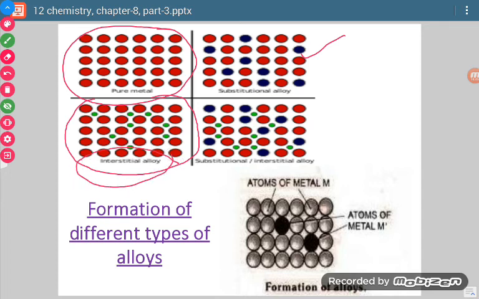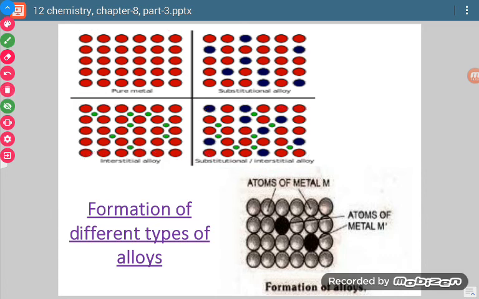Okay, now this is also possible. Suppose we are mixing three things. One is of very small size, another one is of comparable size. So substitution and interstitial, both things will take place, and that will be termed a substitutional interstitial alloy. Okay, so these are the different ways in which alloys can be formed.